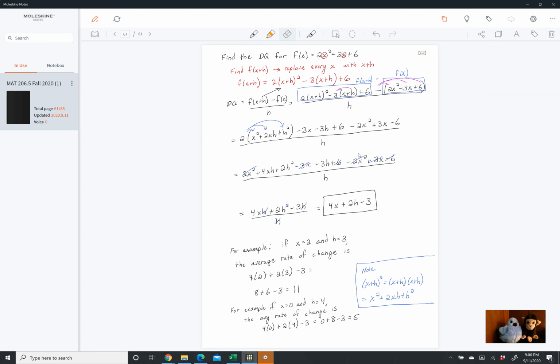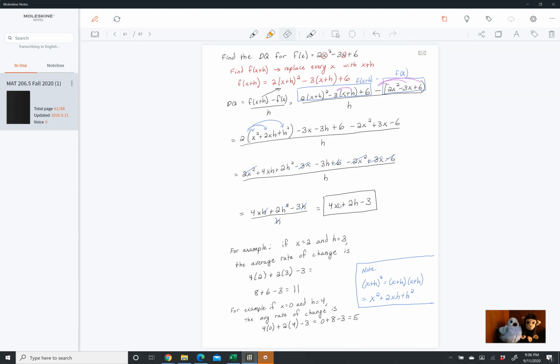So the slope of the line connecting the points at x equals 0 and x equals 4, because the h is equal to 4, would give us a slope of 5. Okay, so this is just an example as to how we could use it. We could do it for any 2 points. We just plug it right back in there.